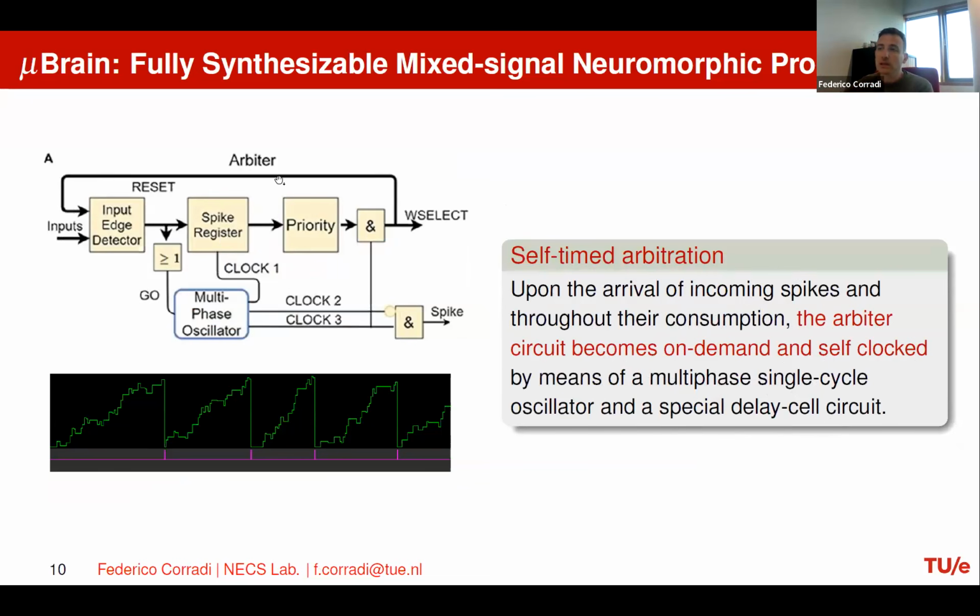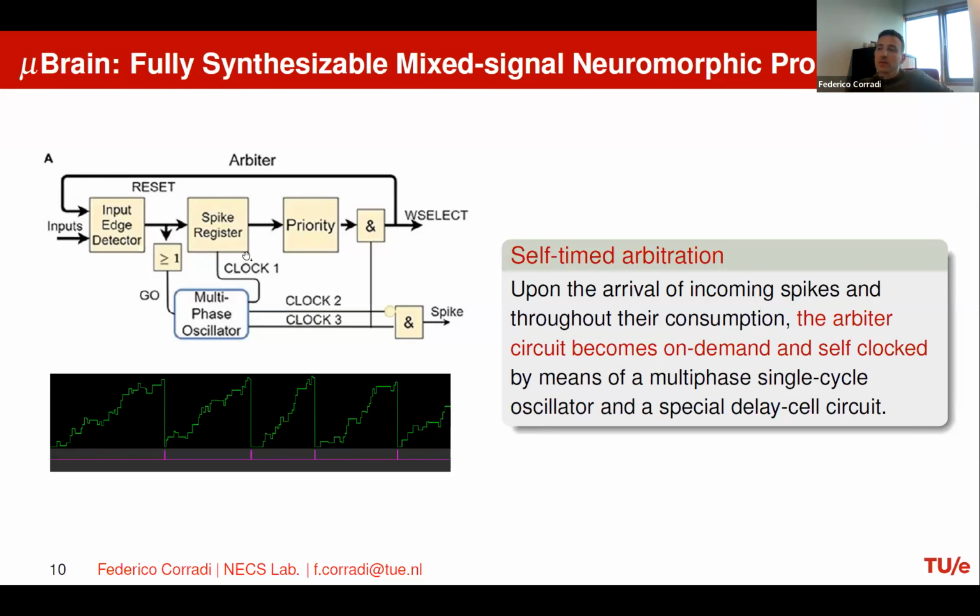What does it mean? It basically means that whenever the neuron receives spikes, there is an input edge detector here that detects the incoming spike and immediately activates a spike register and a go signal. This go signal activates a multi-phase oscillator, which produces timing signals with specific phases.